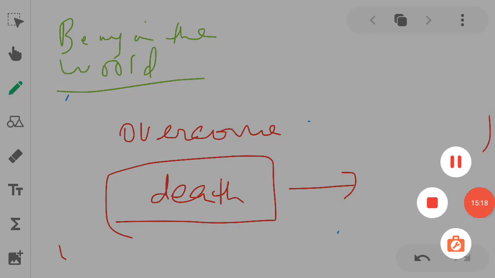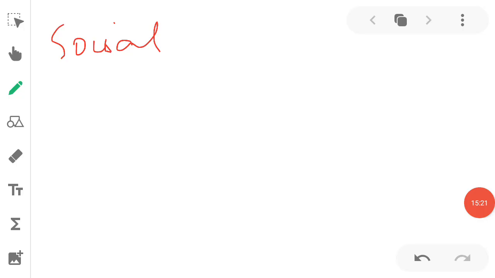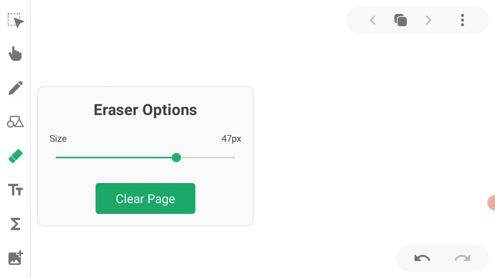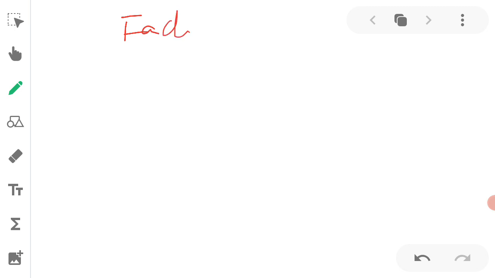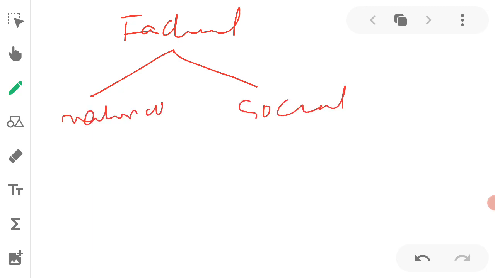So now let us get to the social part. So as I said, factual freedom can be divided into natural and social, and we sort of covered natural freedom a bit, but let us move on to social, because all those things are developed within social institutions, social units, social settings.